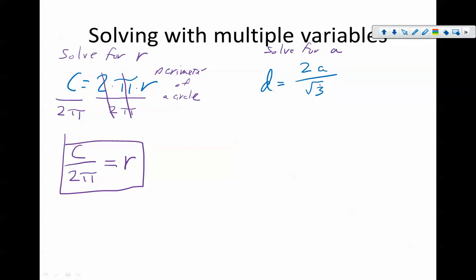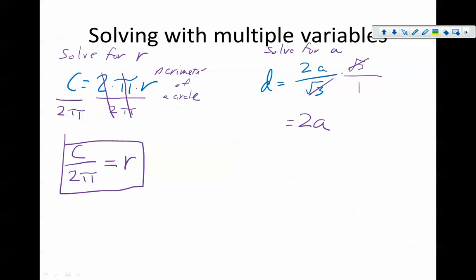So we're going to undo that with the opposite of division. We're going to multiply. So on the right-hand side, we're going to multiply by the square root of 3. And remember, that's the square root of 3 over 1. So those cancel that out. So on the right-hand side, we end up with 2a, because when we're dividing by root 3, we multiply by root 3 to undo it.